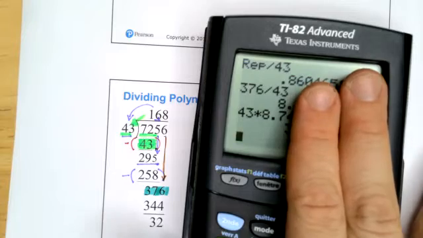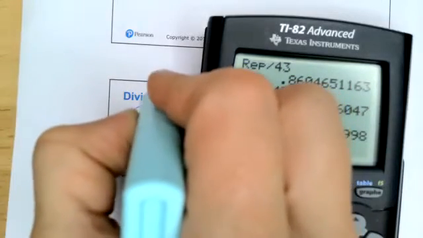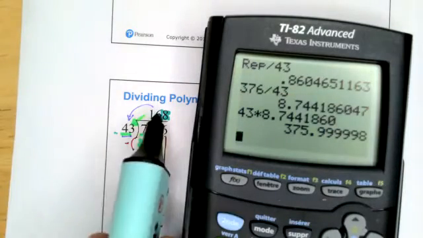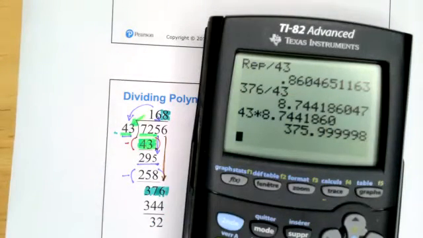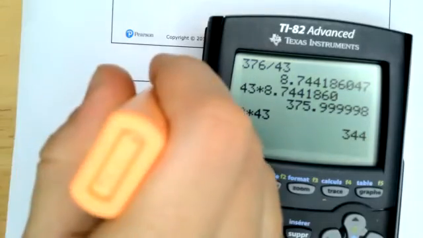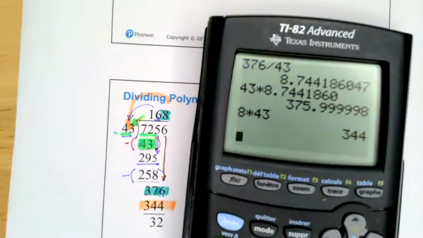So that whole number is 8, right? And so that's how we got that 8. We said that if I take 376 and divide it by 43, I get 8 something. Okay? 8 times 43 is 344. 8 times 43 gives me this number. Okay?